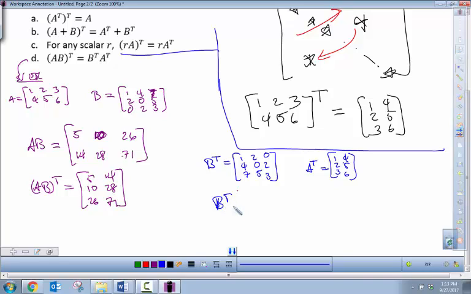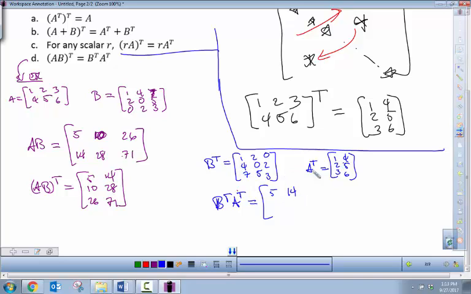So B transpose, A transpose will equal to, take my row and my column. So the first row, first column, 1 plus 4 is 5. 1, 2, 0, and 4, 5, 6. That's 4, and 10, that's 14.